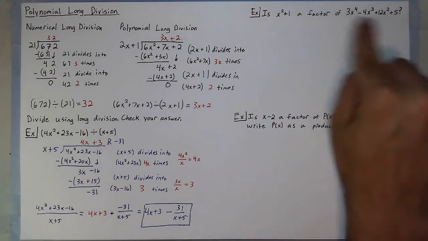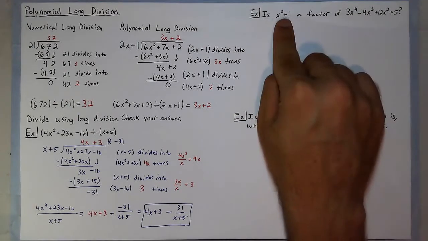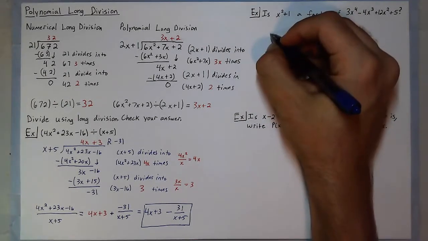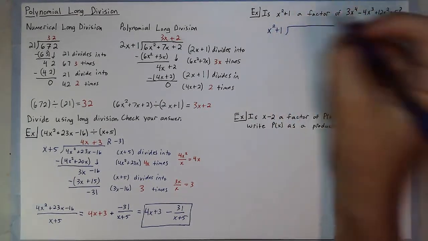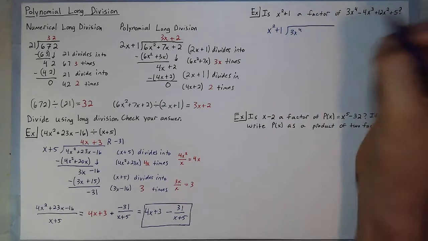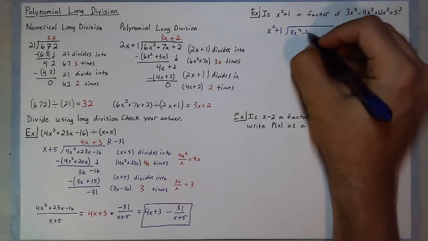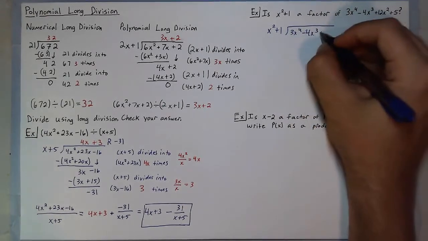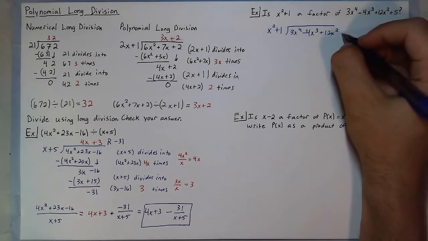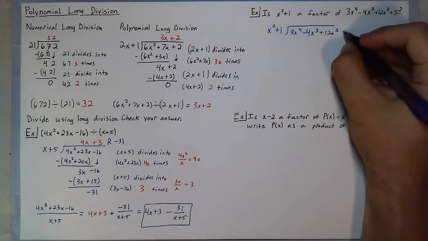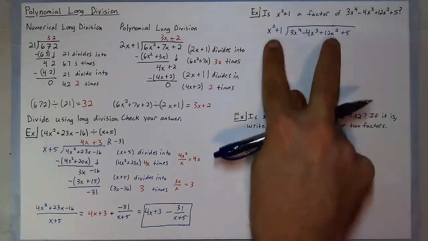So we're going to divide our polynomial by x squared plus 1. Now, one thing to be on the lookout for when you're dealing with polynomial long division is sometimes you won't see every term. Like we'll see here, the linear terms in both of these polynomials are missing.